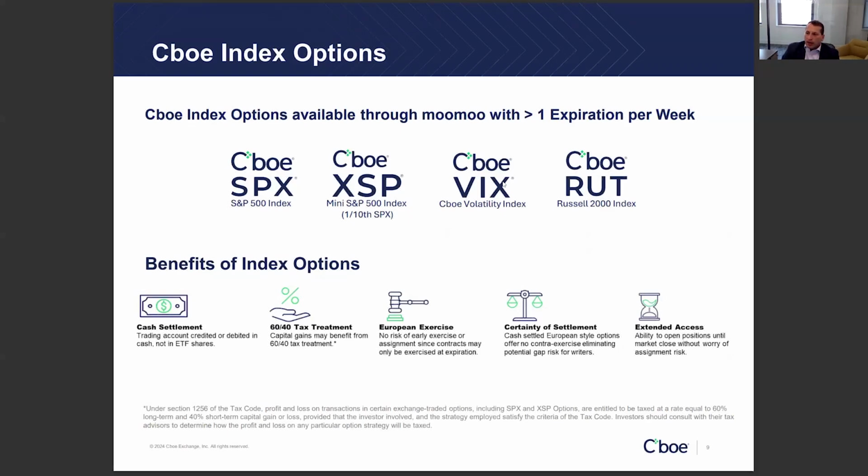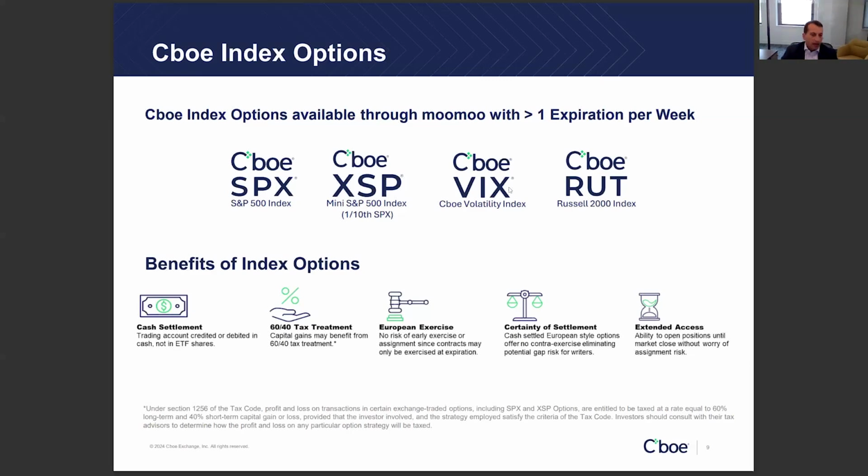So just wanted to add these real quickly. Cboe index options available through Moomoo with greater than one expiration per week. I'm sorry, I got my signs wrong. So these are contracts you can take a look at.